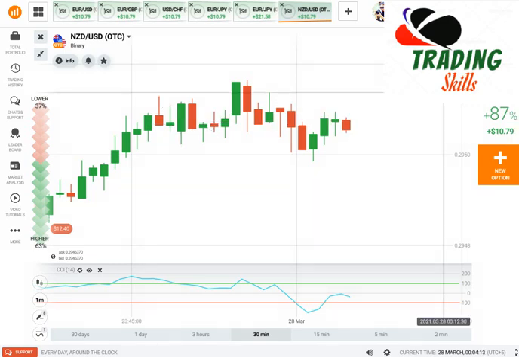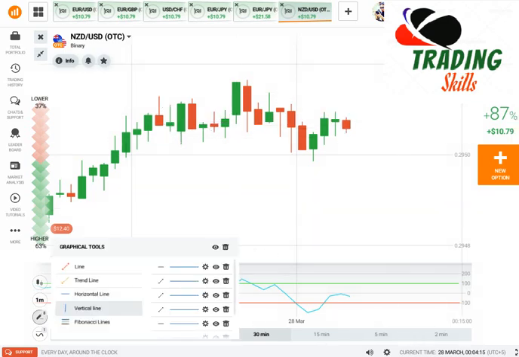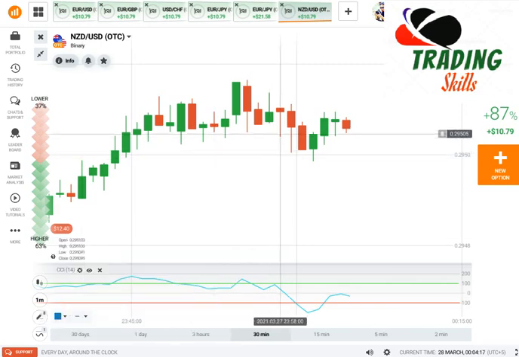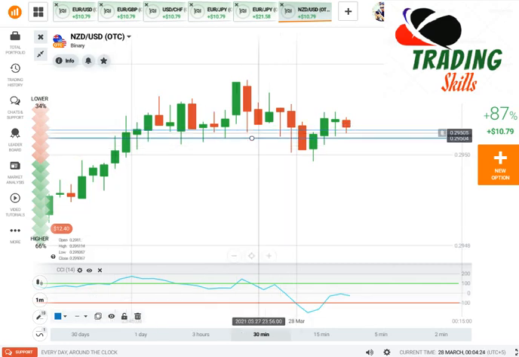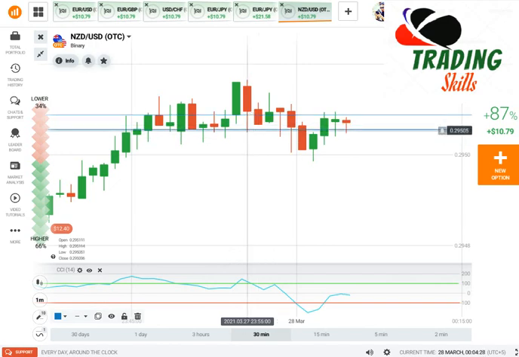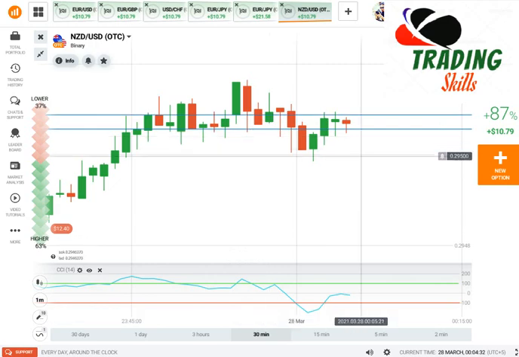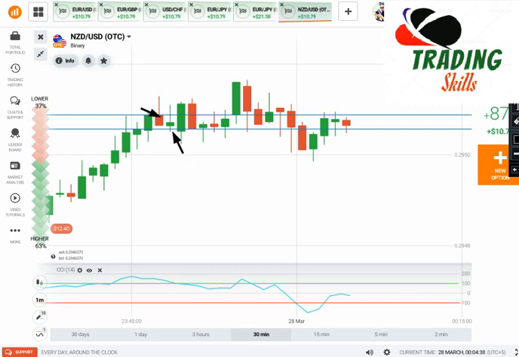Now you can see sellers are entering into the market. Let me draw the level. Okay, as I told you, this is your SNR area. Now you can see in this zone resistance, support, resistance, support, again resistance.